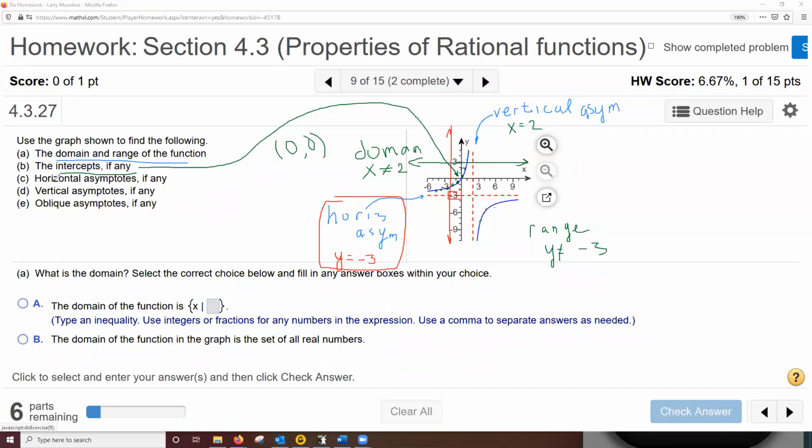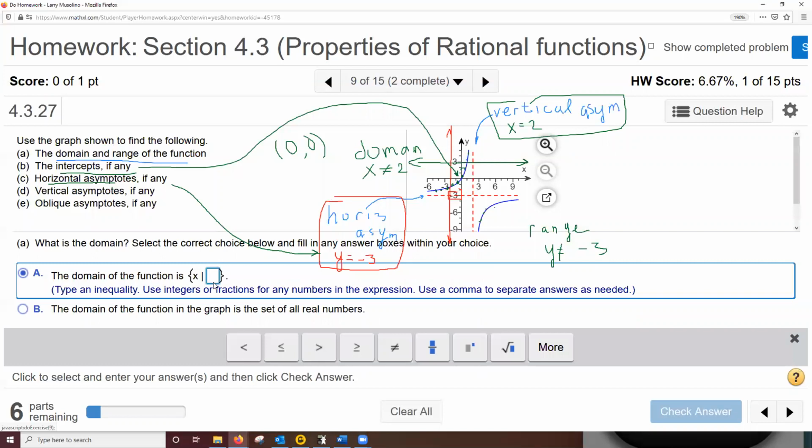All right, then it's going to ask us about asymptotes. We already said that this red dashed horizontal line is at y equals -3. The vertical asymptote is the red vertical line that occurs at x equals 2. So let's enter the answers here into MyMathLab. First, it wants to know what's the domain. Notice it says use an inequality.